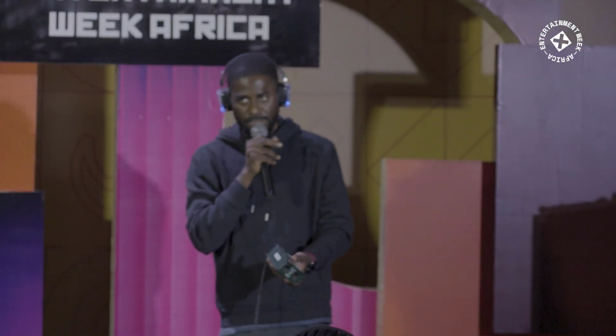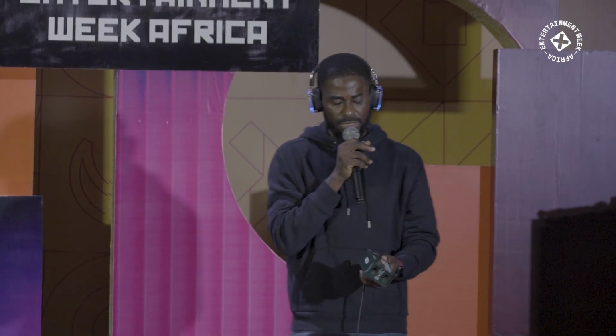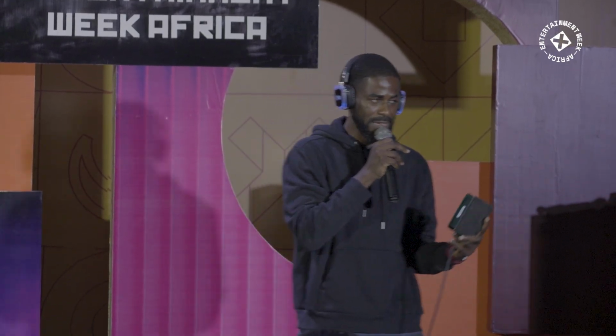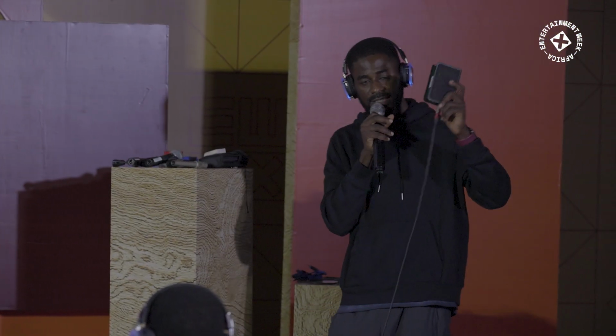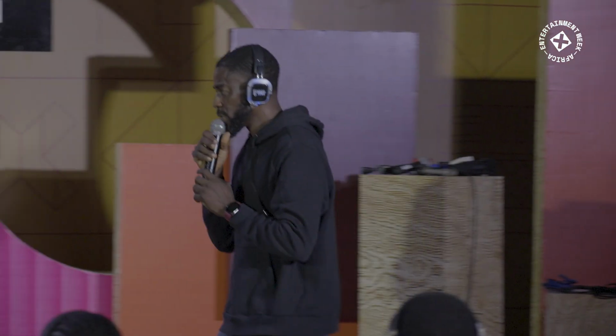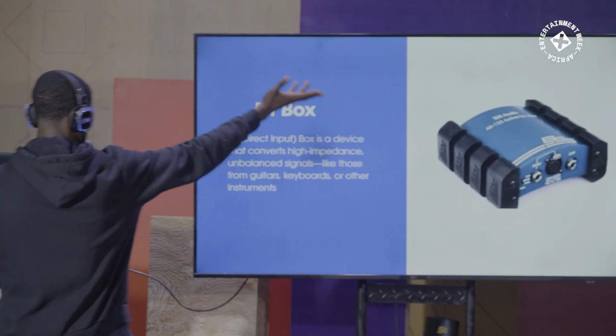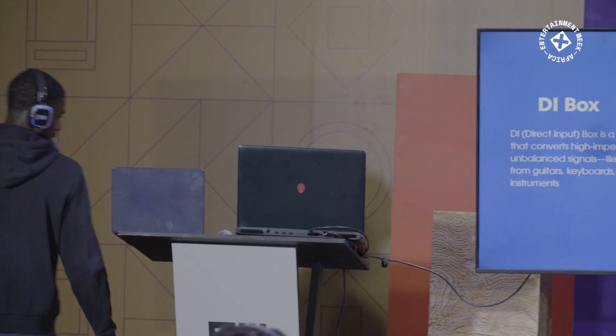Hence the reason why it's called a stereo DI box. So you have a stereo and you have a mono DI box, and they help convert an unbalanced signal to a balanced signal. For example, like I said, guitar, keyboards, and any other instruments.